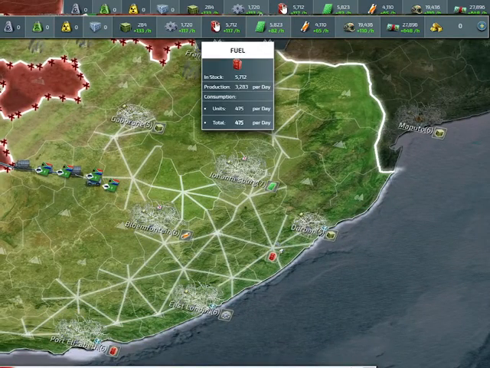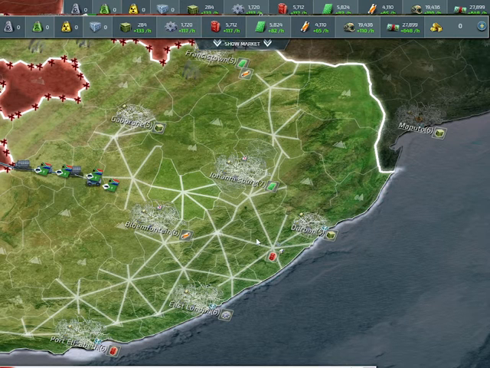Then fuel, same story: stock, production, consumption, units. That's fuel for your vehicles, etc. It comes from oil and all of that. Total getting used today is 475. I'm producing 3.2 thousand, so I'm making a profit off of it. It's not bad.